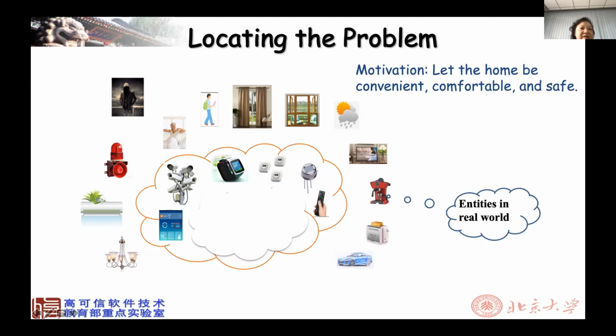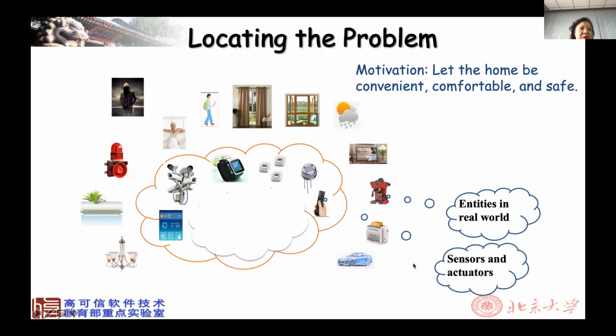So the first step is to identify the entities in the real world, and then you need to include some sensors and actuators to sense the state of the real world entities.